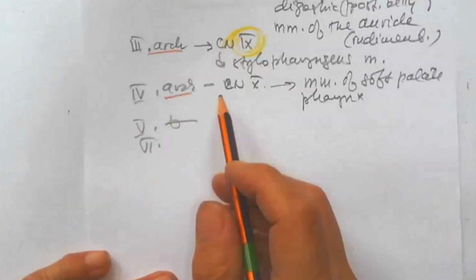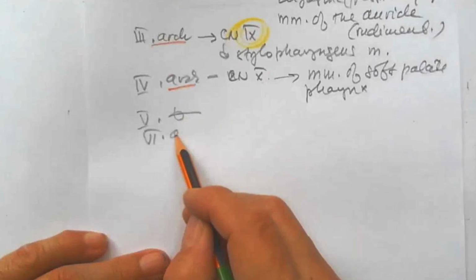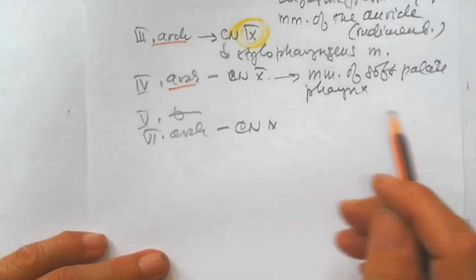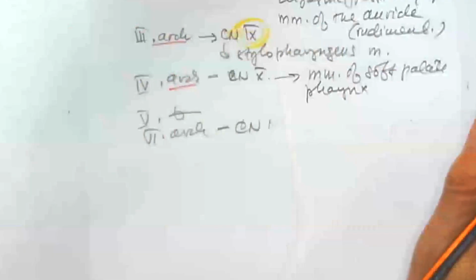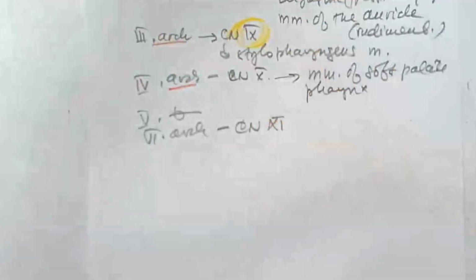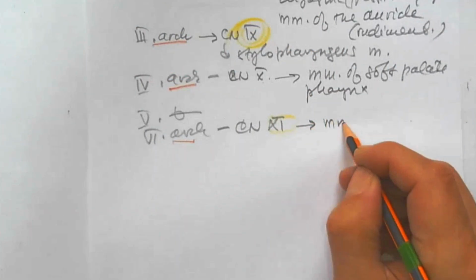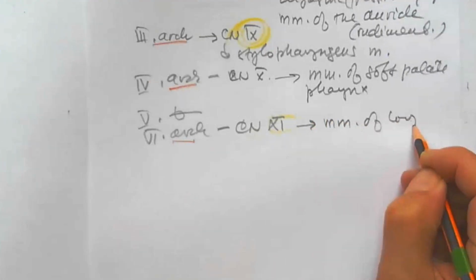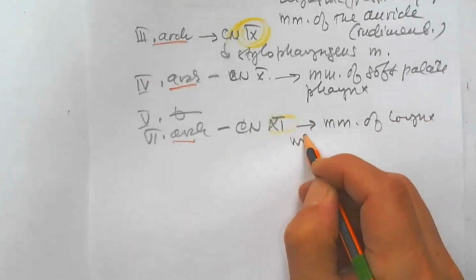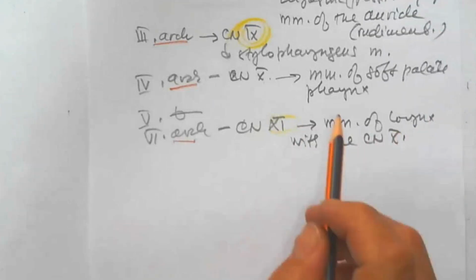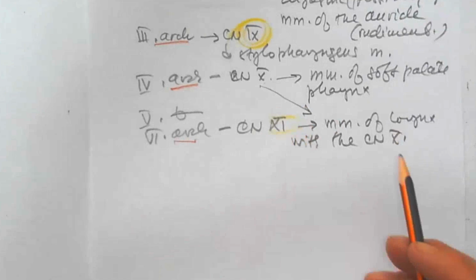Number 6 is the last arch. No, sorry, 11, 9 I already mentioned, 11 accessory. So we see the last arch, and this innervates the muscles of the larynx, but take care, together with the cranial nerve number 10, because it runs together.